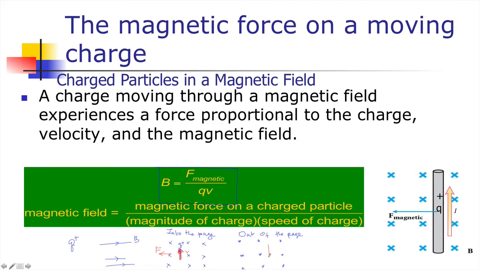Whereas in this particular case, if you align your fingers, let's say again in this direction, let's say the charge is moving. So we have to consider this as a positive charge. For the negative charge, it's going to be a different story. Let's stick with one charge only. Then align your fingers up in this direction and look at your palm.